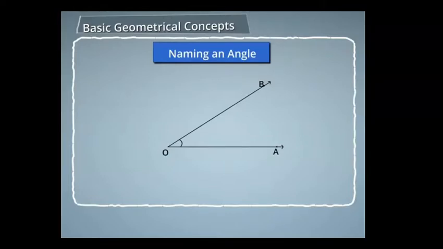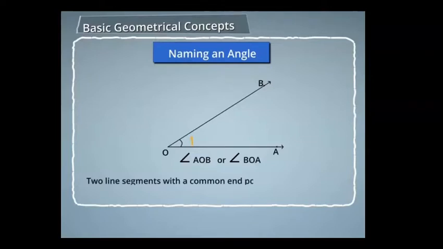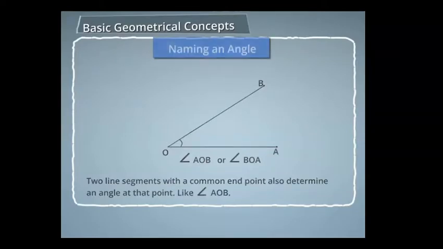In the figure, AOB is an angle. It is written as angle AOB or angle BOA. An angle is also named by its vertex, like angle O. It is sometimes named by a small letter or a numeral, like angle A or angle 1. Two line segments with a common end point also determine an angle at that point, like angle AOB.